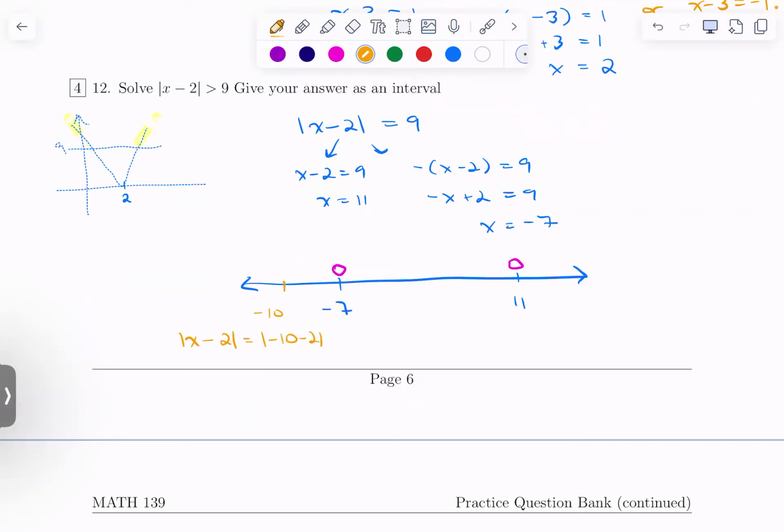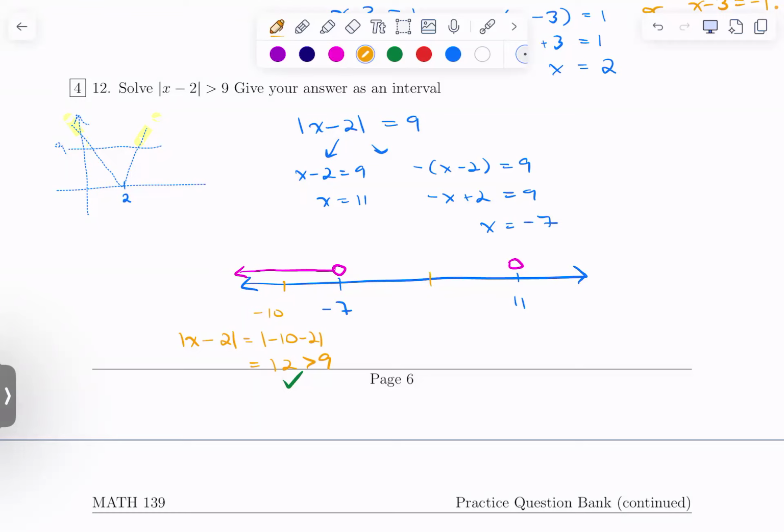Negative 10 minus 2, absolute value, is 12. 12 is greater than 9. So we're good. So that's part of the solution. You could stop here because if you remember the anatomy of the absolute value function, but I'll keep going for completeness. So that means that all the way to negative infinity, that applies.